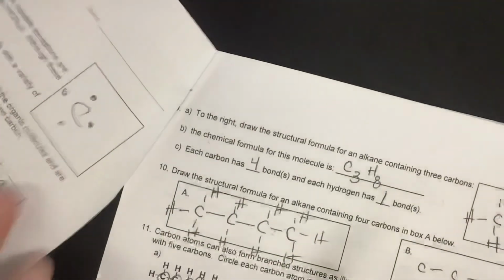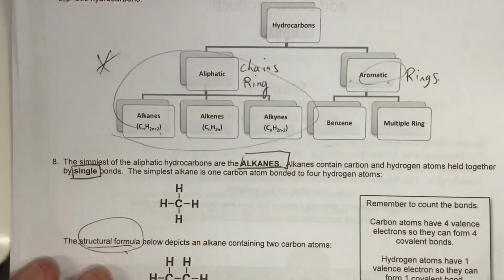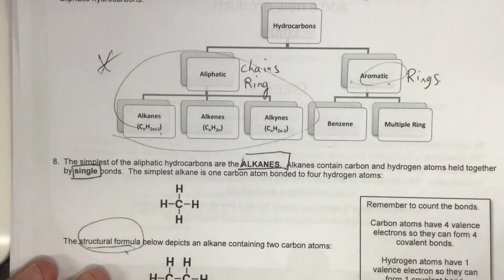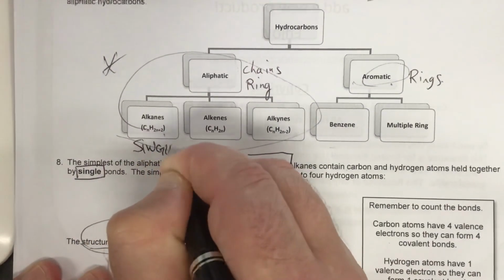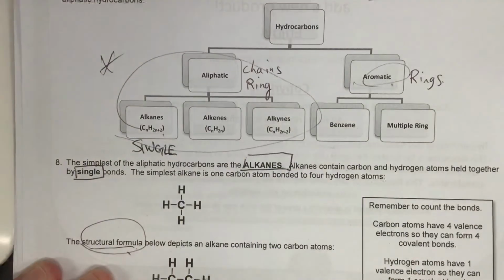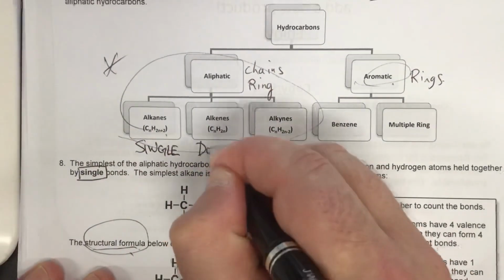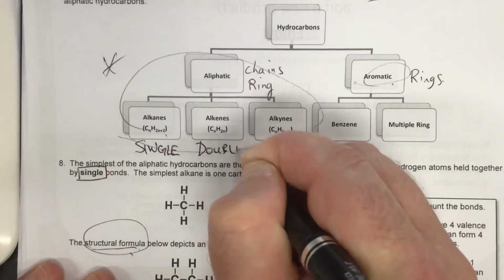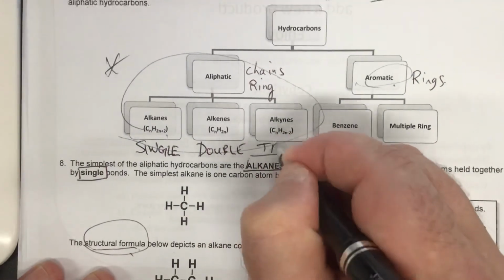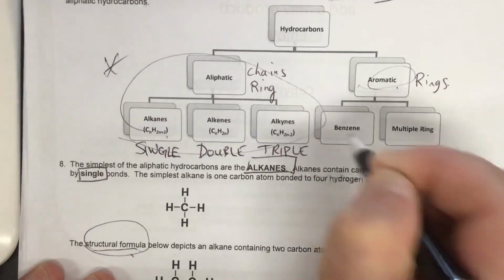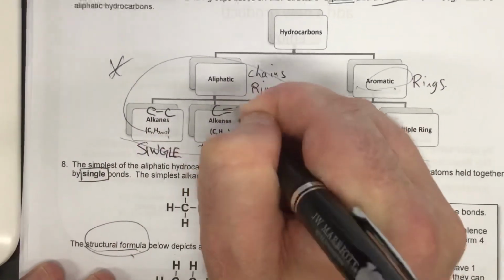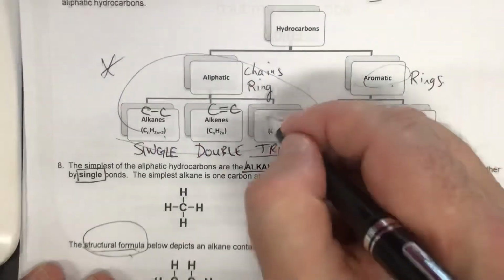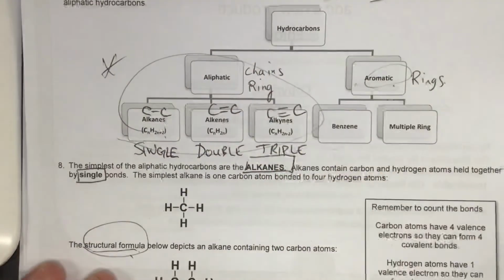So if you look back at this, alkanes, all single bonds, these are double bonds, and these are all triple bonds. So just CC, this is C=C like this, and this is C≡C like this.